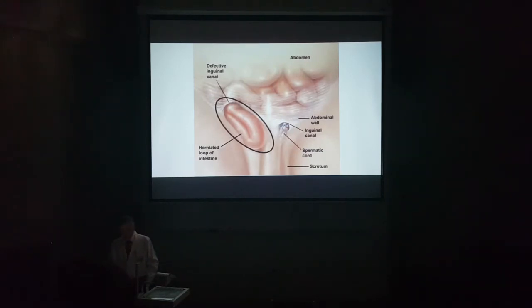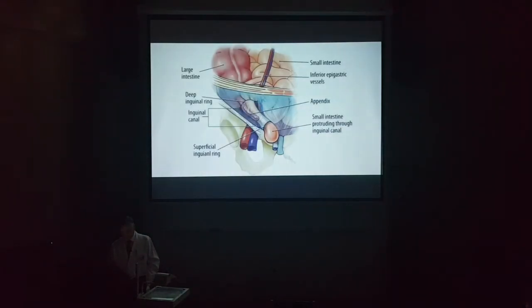People with hernia, sometimes they have it for years, if they are lucky. Some people are not lucky, they have problems with the hernia. You can see that this is the inguinal canal, and the small intestine is coming down this way.